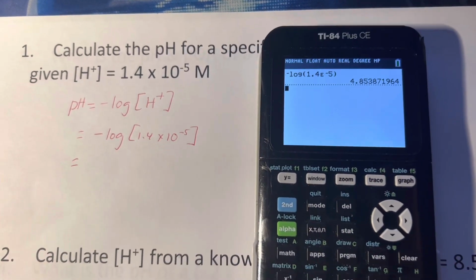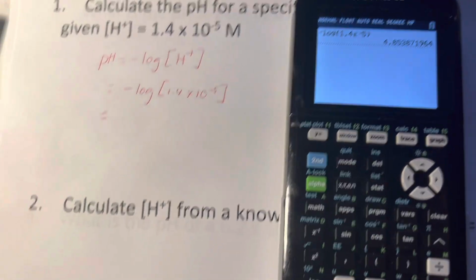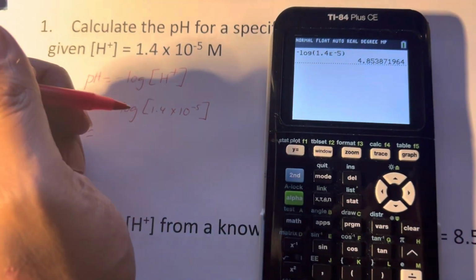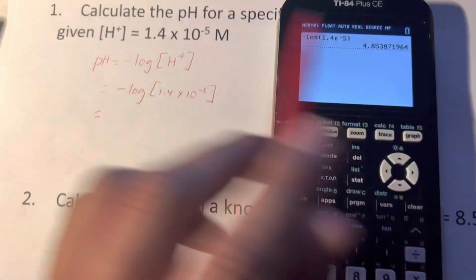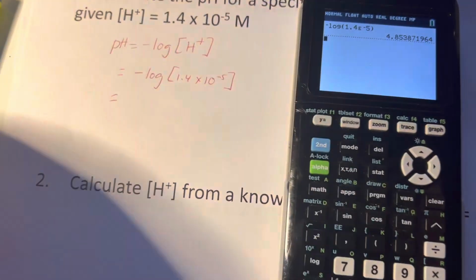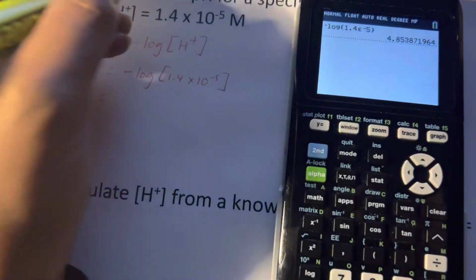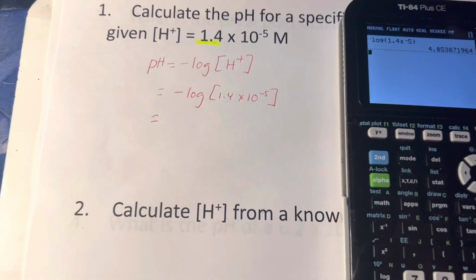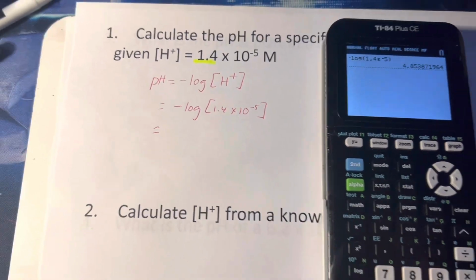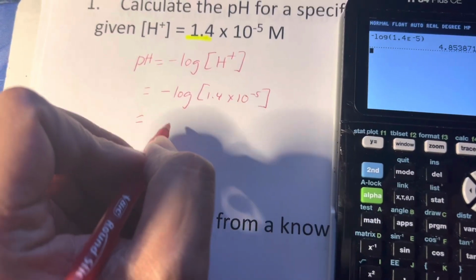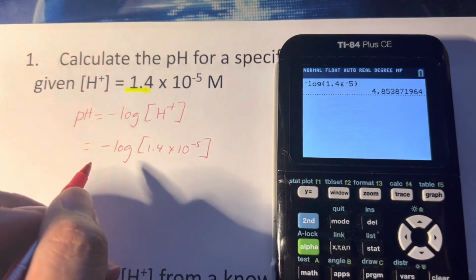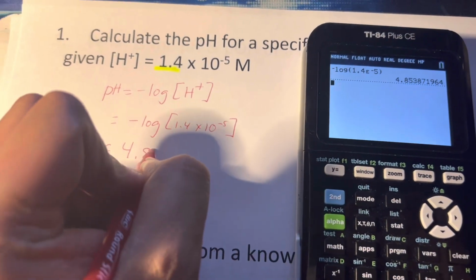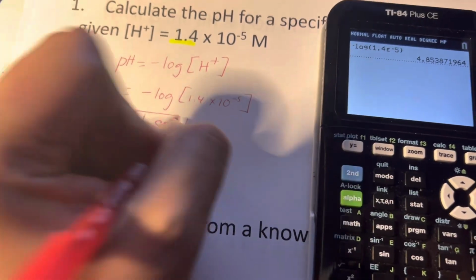However, remember there are sig figs in chemistry, based on either your concentration or your pH. Based on what you're given in the problem, according to this concentration, I have a total of two sig figs. You do your calculation and it says 4.8538, so your answer is now going to be 4.85 for the pH.